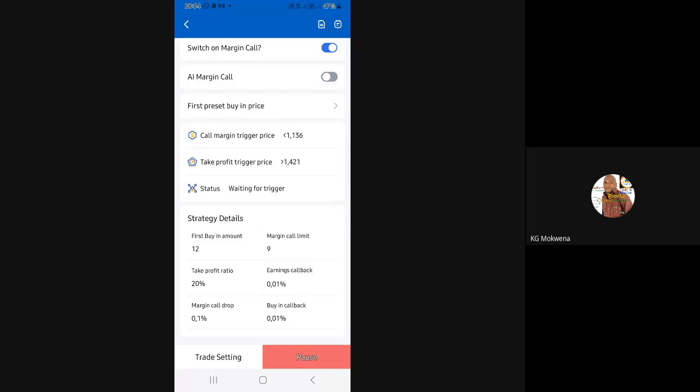So at the moment you can see status is waiting for trigger. That is what we are waiting for. And then it means when the robot senses that fall of 0.1%, the robot is going to place call number 9. And call number 9 will go in with $300. It means it's going to buy $300 worth of this cryptocurrency MTL.